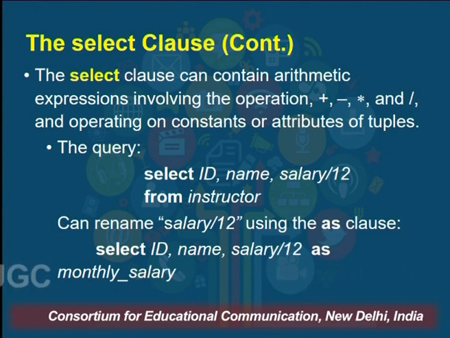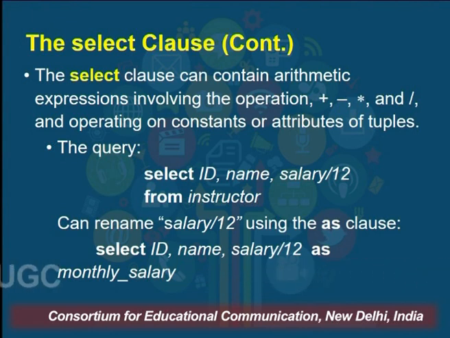Let us see how this can be done. For example, we write a query: select ID, name, salary divided by 12 from instructor. Please recall that in the instructor table we have 4 attributes: ID, name, department name, and salary. So here we have not taken all.